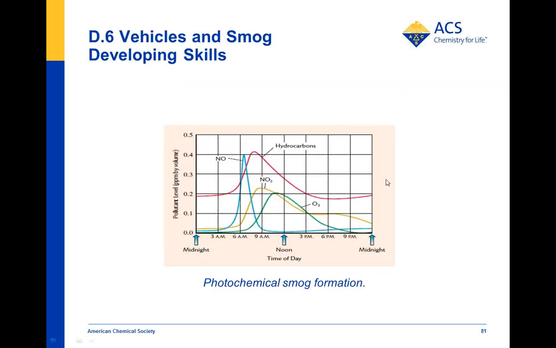And again, we're looking at developing skills. This one is really, can you look at these charts and can you look at this bit of information and answer questions? And I assign this usually as a homework, and then we discuss it the next day. And my students are pretty successful with this. This is really just looking at data and making interpretations.